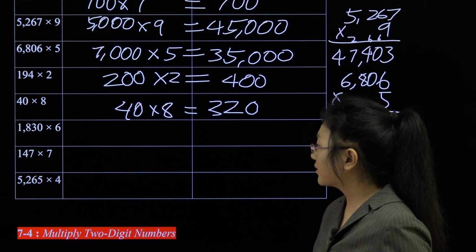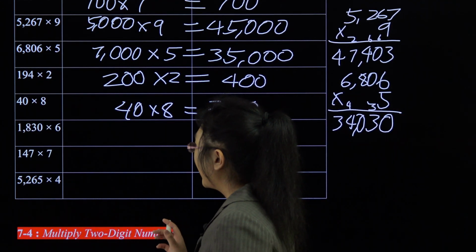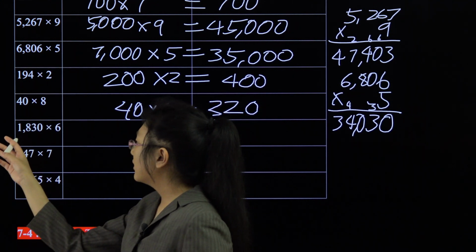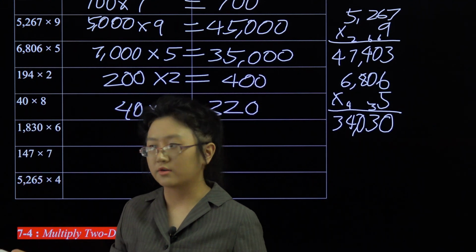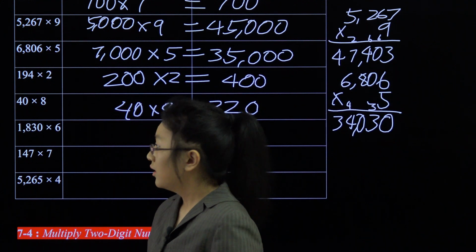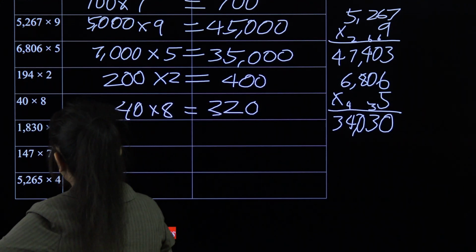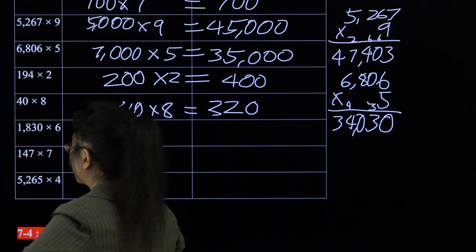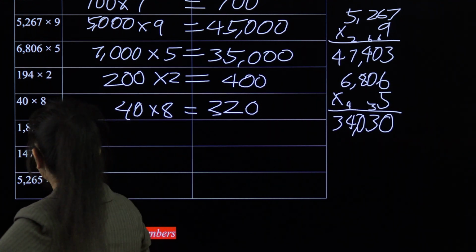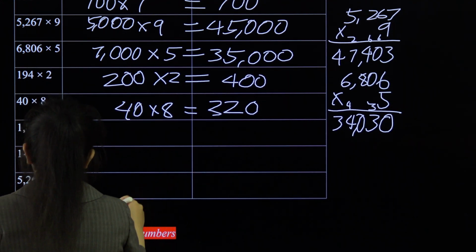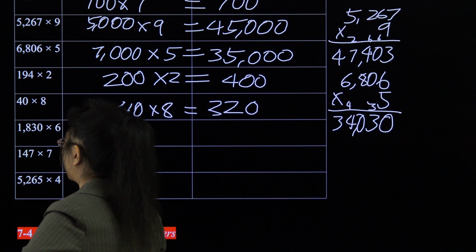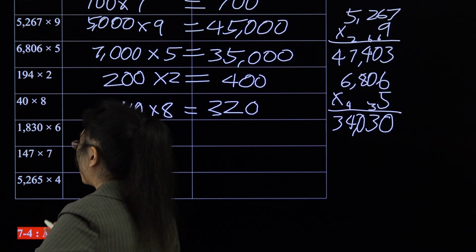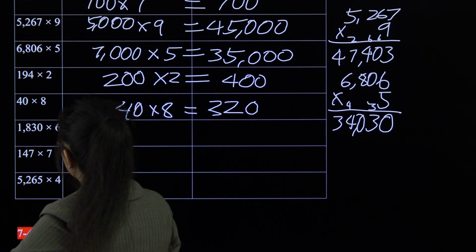1,830 times 6. You get that 1,830 is bigger than 6. So you round to the thousands place, which is the greatest place in 1,830, and you look to the hundreds place, that's an 8. 8, you round up.